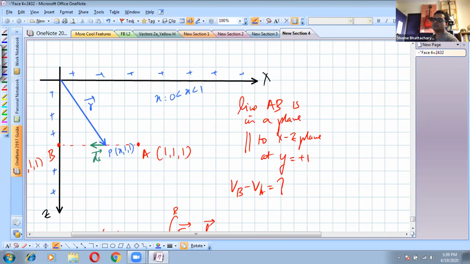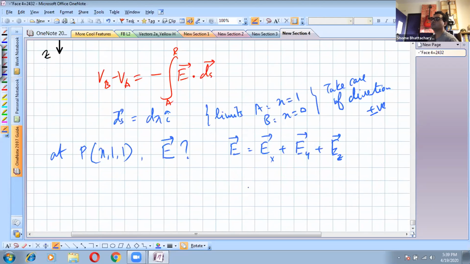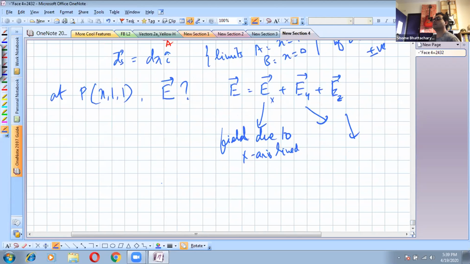Parallel to the x-axis. So Ex dot ds, that is your electric field due to the x-axis. This is not the x component of the electric field, but the field due to the x-axis line of charge. Similarly, this is because of the y-axis line of charge, and this is because of the z-axis line of charge. So now you will realize my point that Ex dot ds will be 0.